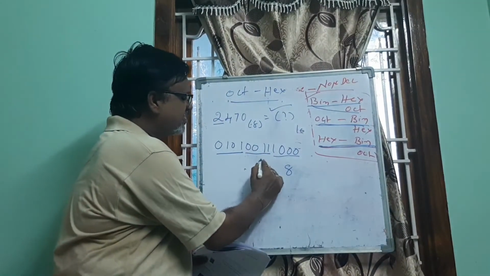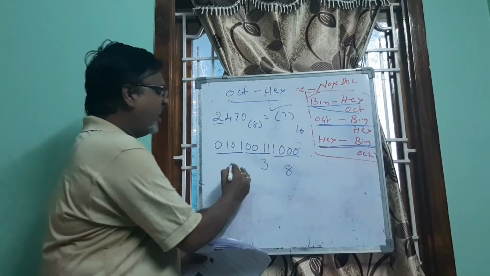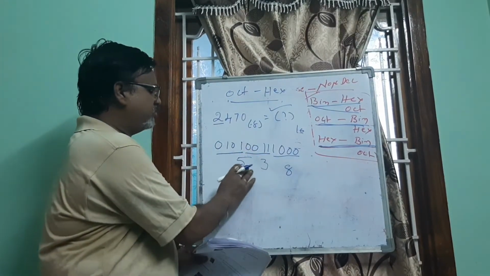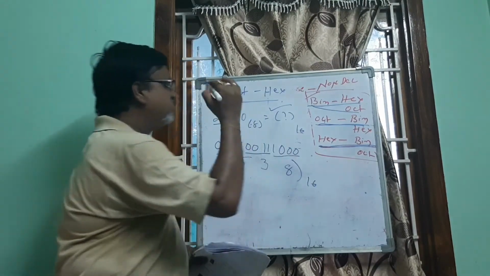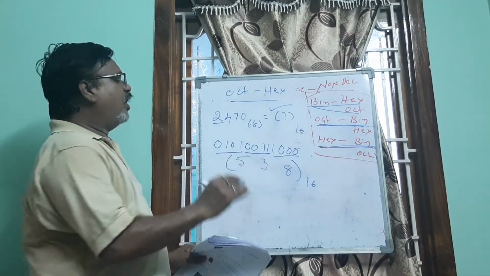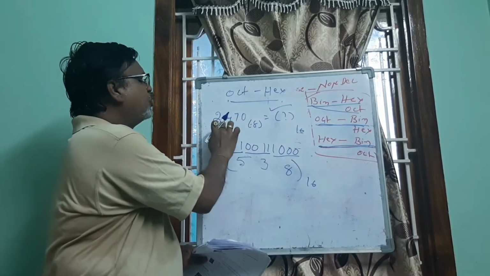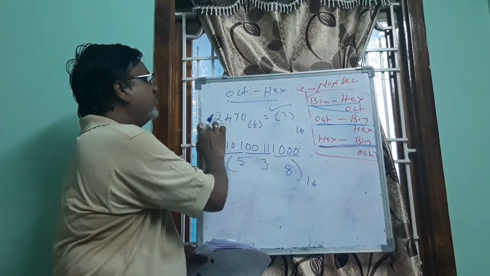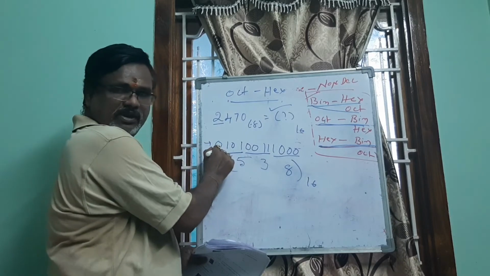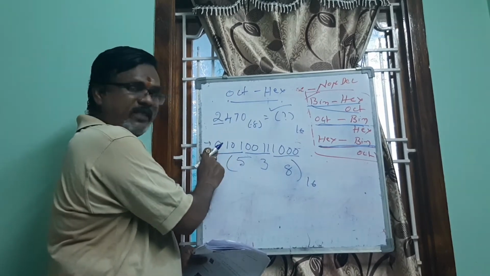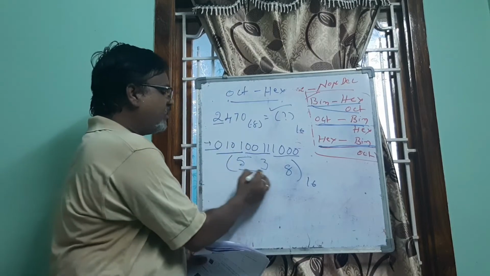Then this is 5, and this is 3. Now, sir, you can ask me, here 2470, 4 octal digits are given. So 4 into 3, total we got 12 bits. So again we are grouping them into 4 bits, you got 3 digits.